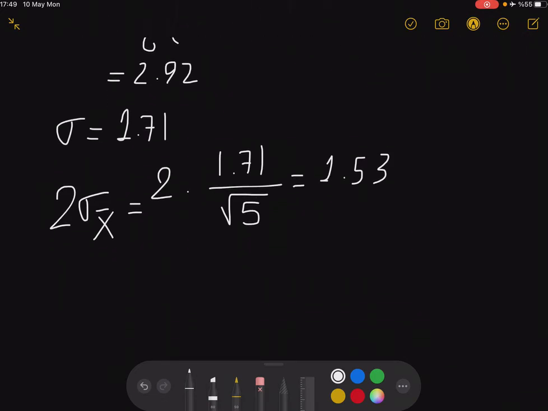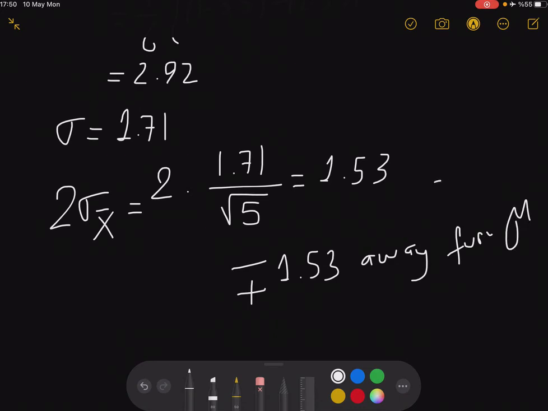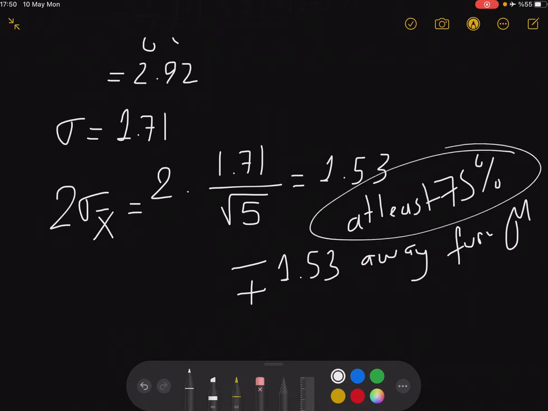So you can conclude that at least 75% of the measurements will fall within a plus or minus 1.53 range from mu.